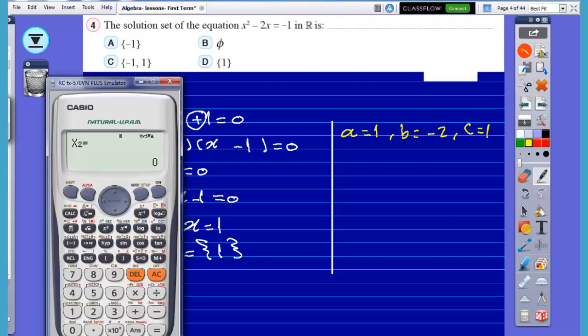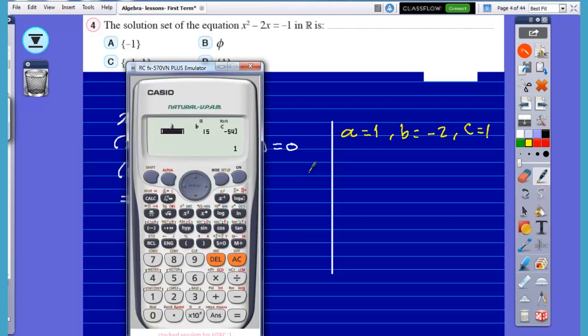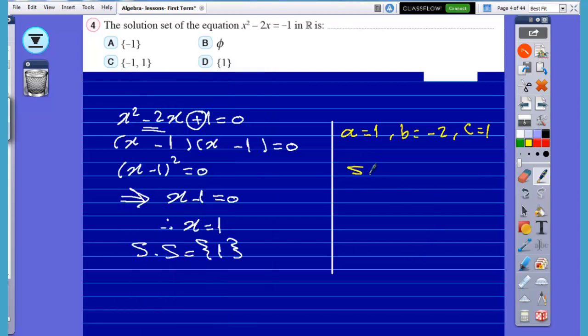And now we have the calculator. Start from the beginning. So in the answer we have only x, not x1 and x2. So the solution set equals 1, and we'll choose letter D.